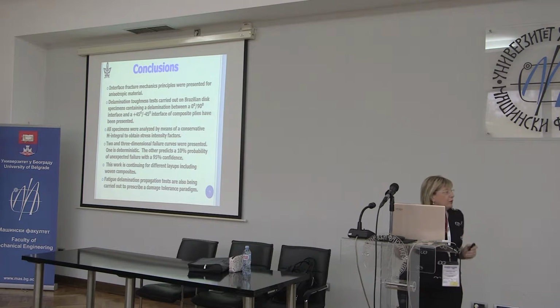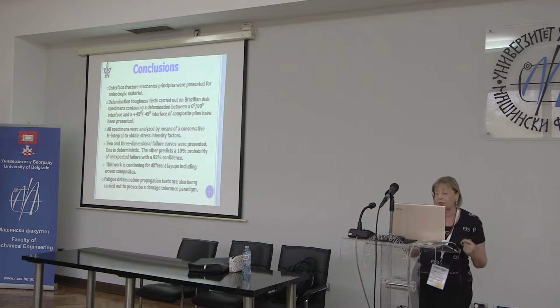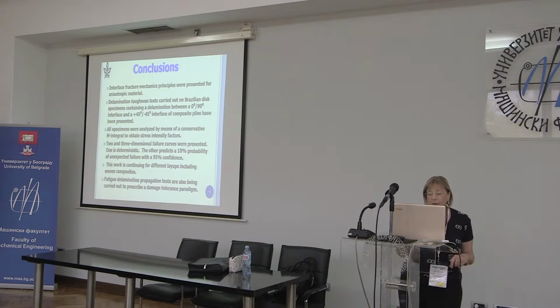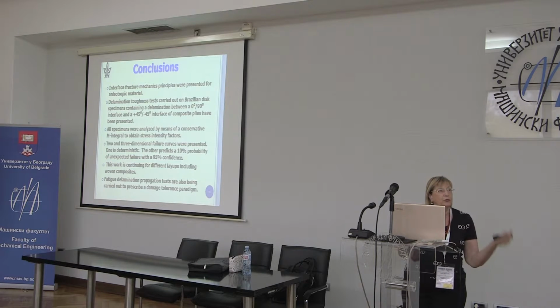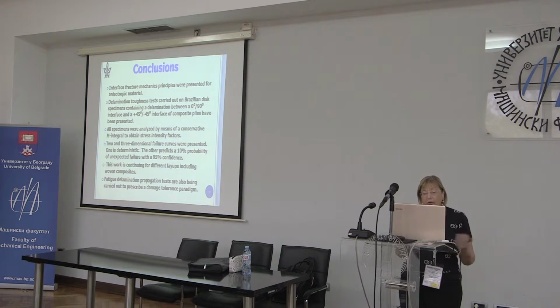And we also moved over to fatigue delamination propagation so that we can have some sort of a damage tolerance methodology to lower the critical properties that are used in order to design structures, in particular aircraft.